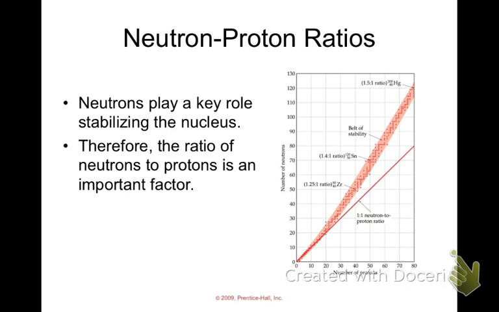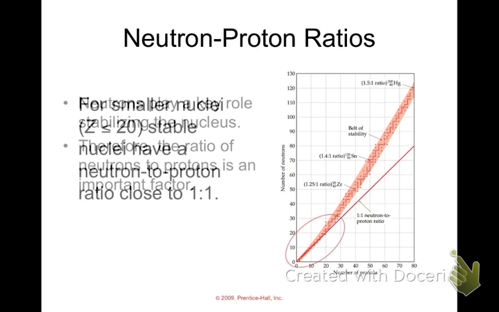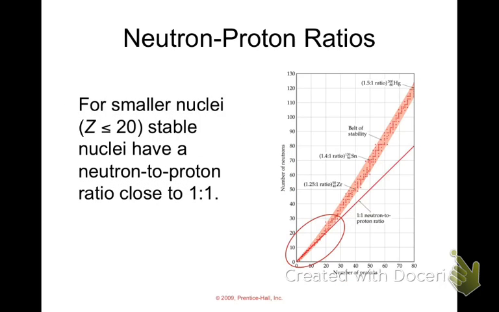We can look at a graph of neutrons versus the number of protons in an element or in an atom. And this is going to give us some indication of the stability of that nucleus. If I have an atomic number, remember Z is atomic number, okay, equal to the number of protons.